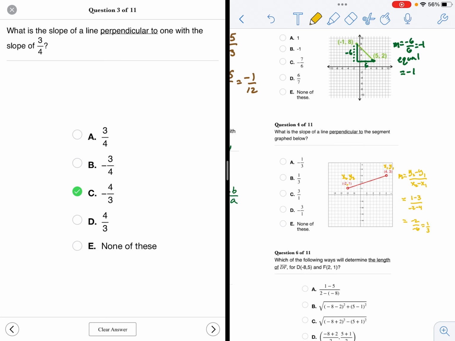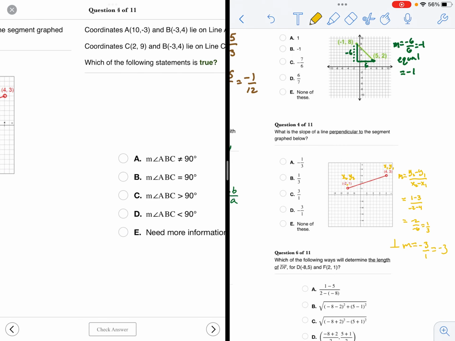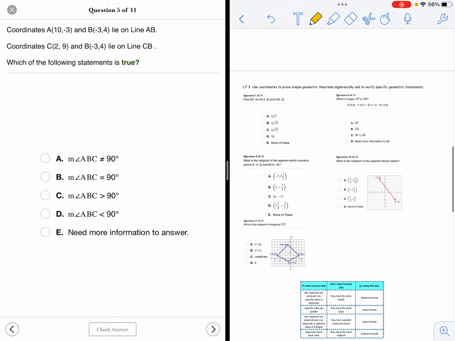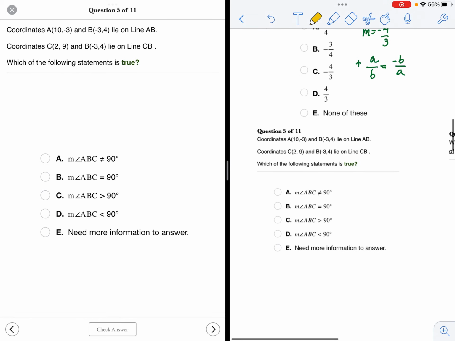And yeah, sweet. So then the perpendicular slope would be negative 3 over 1, which is just negative 3. But boom.